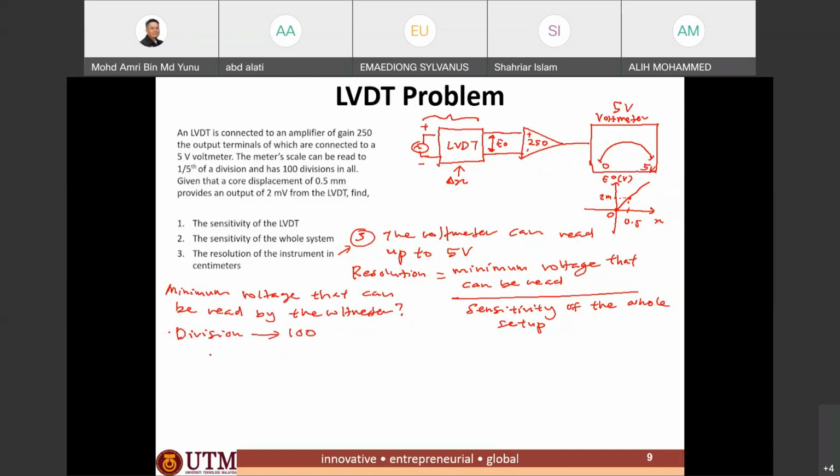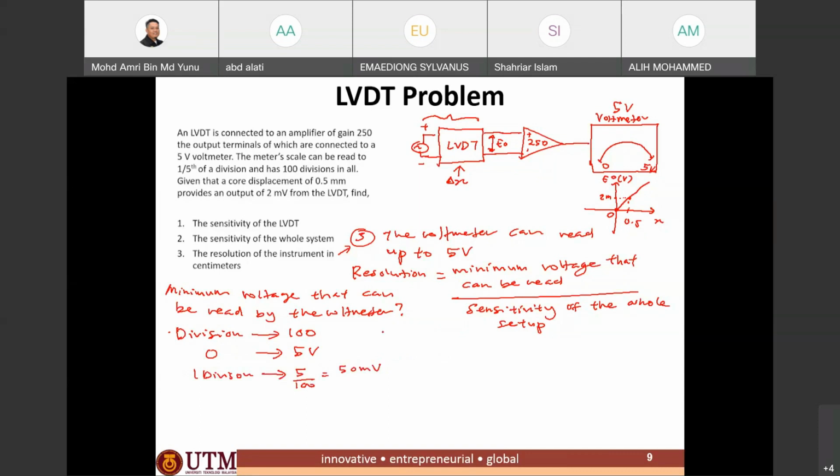It can measure from 0 to 5 volts. So one division can basically read 5 divided by 100, which is around 50 millivolt.